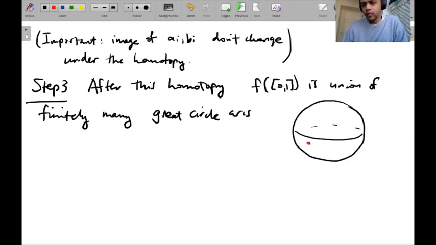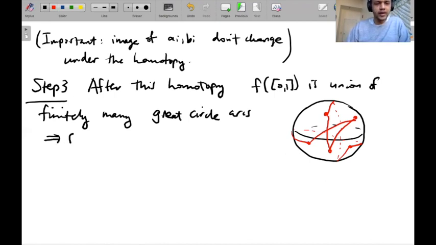So we have some points that are connected by great circle arcs. So like this, and then like that, and like this, and then maybe it goes around the back. Okay, that's not a great circle arc, but you get the picture. Oh, and it's supposed to come back to where we started. But okay, so this implies f is not surjective.